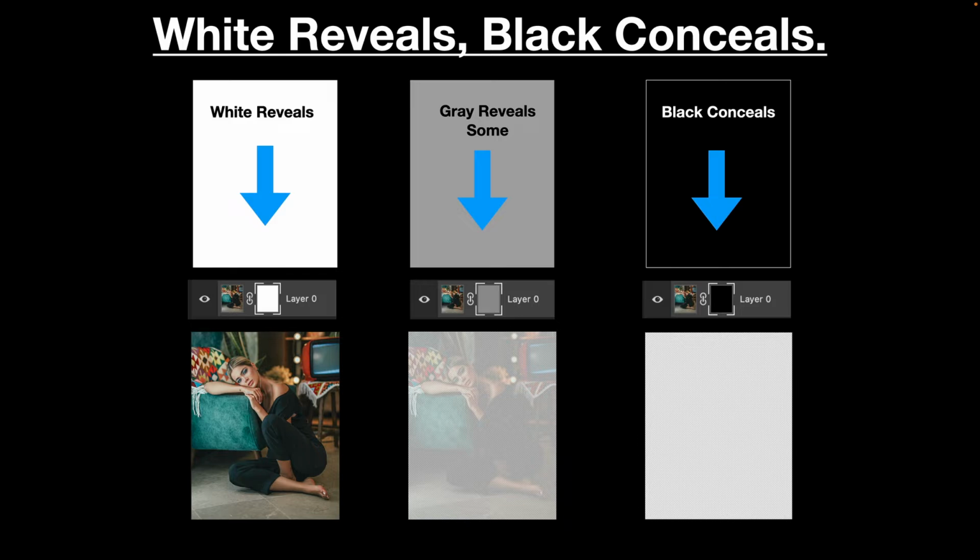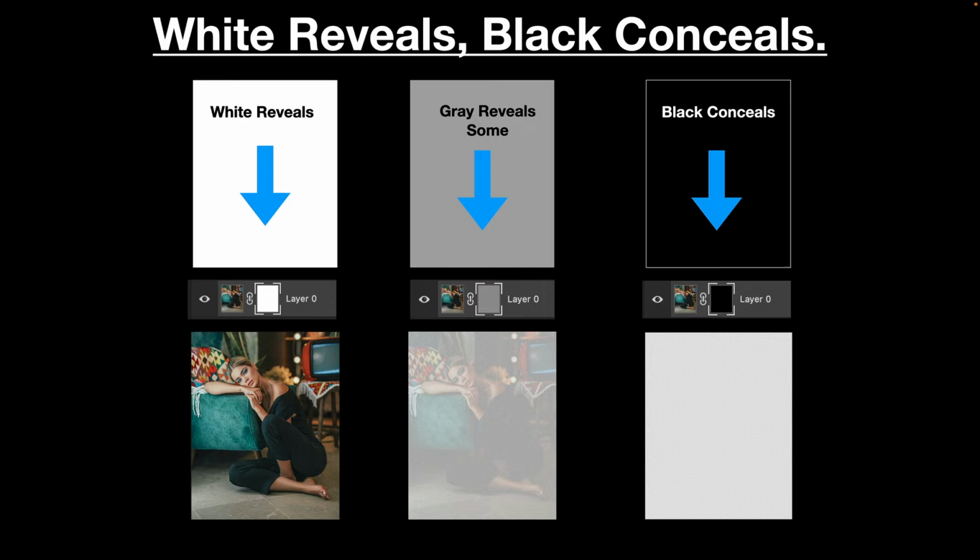And then, of course, black says, conceal it all. Don't let me see any of it. So as long as you can remember this one slide, remember the sentence, white reveals, black conceals, you'll be a master in no time.